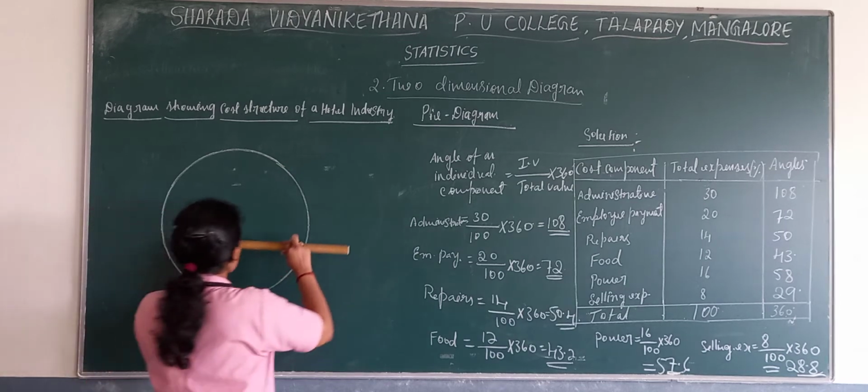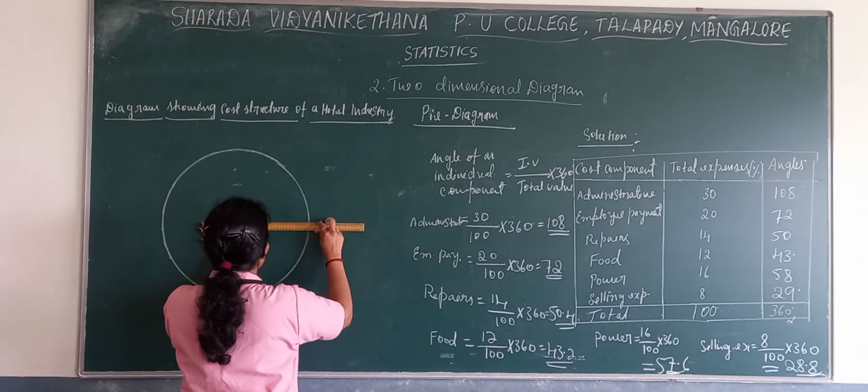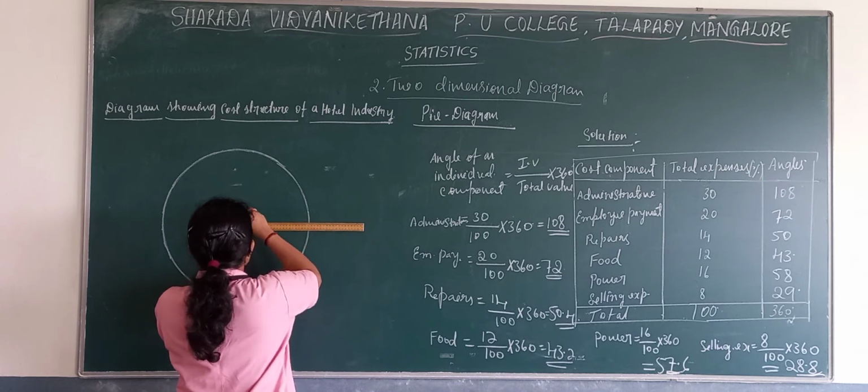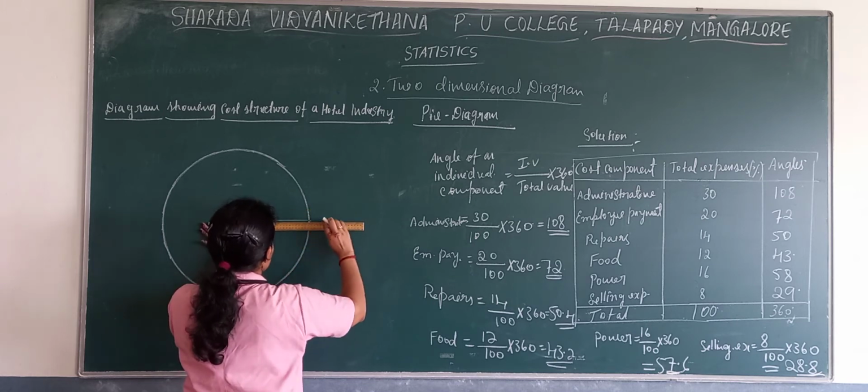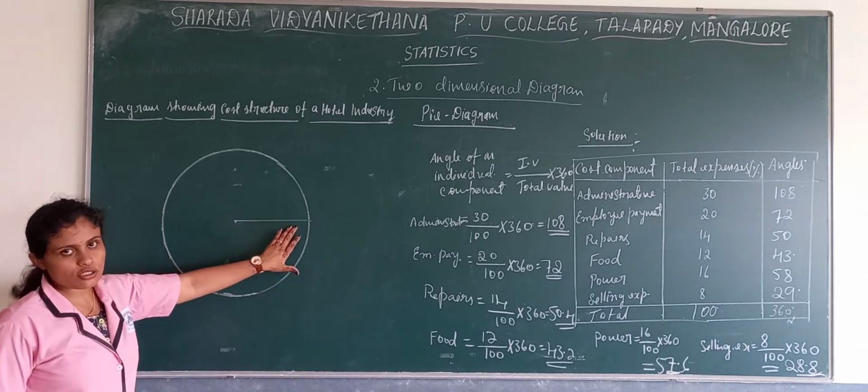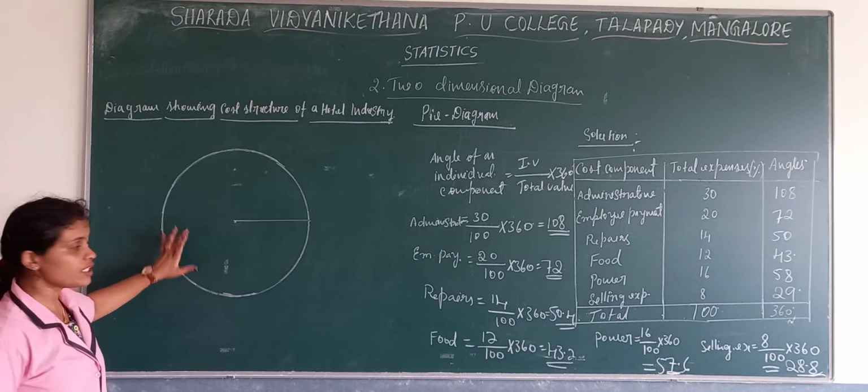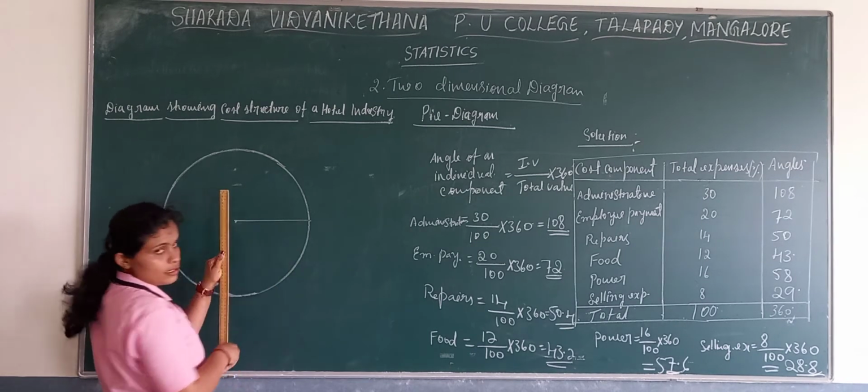Now, we need to represent the angles using a protractor. You can draw this line here, or you can start from here, or like this.